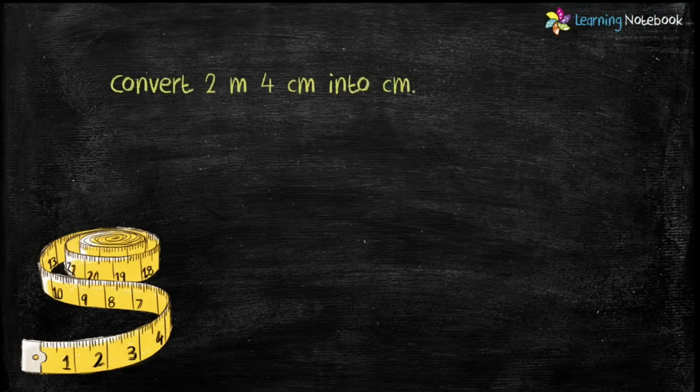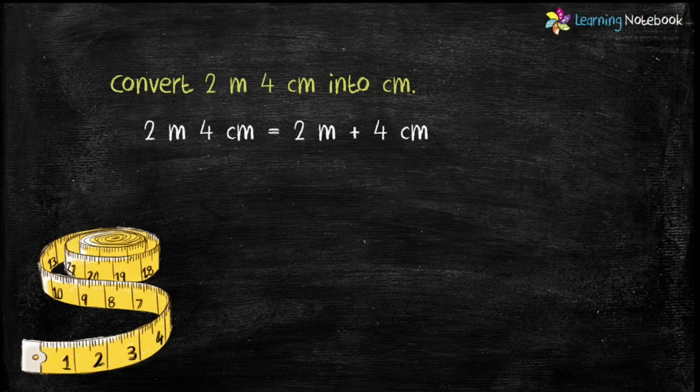Let's see one more similar example. Convert 2 meter 4 centimeter into centimeter. Student, as I just told you, 2 meter 4 centimeter means 2 meter plus 4 centimeter. 4 is already in centimeter. So now let's convert 2 meter into centimeter, which is equals to 2 into 100 centimeter.